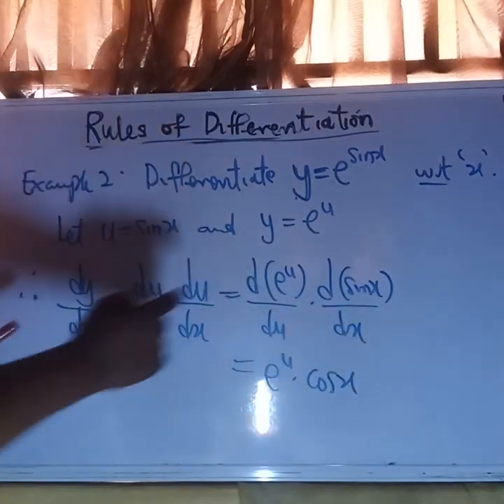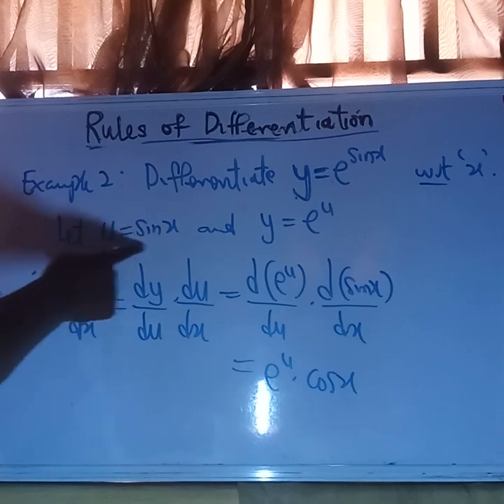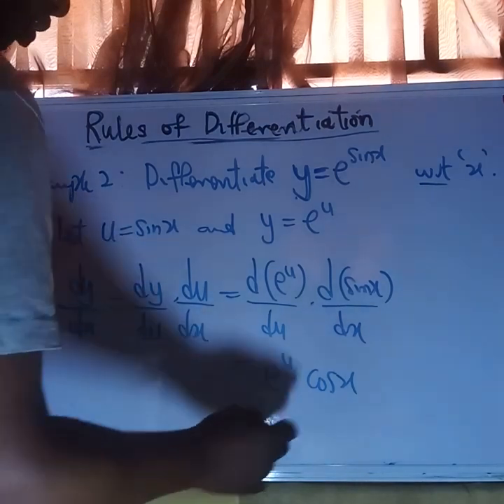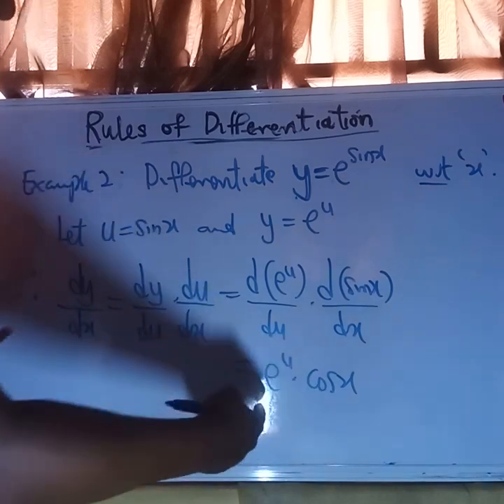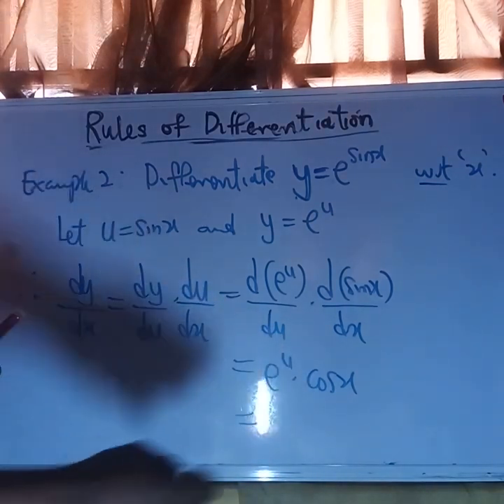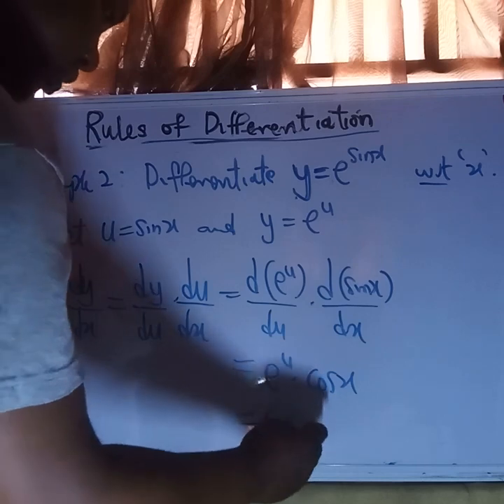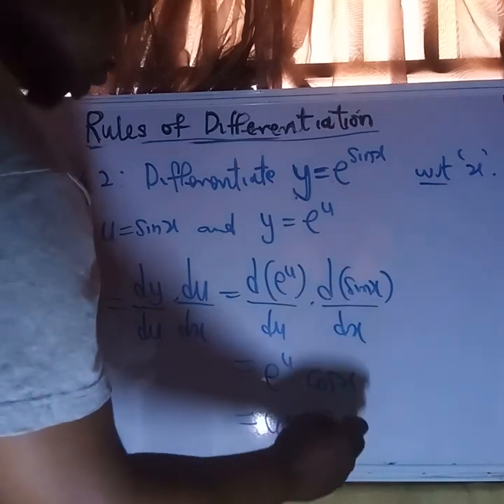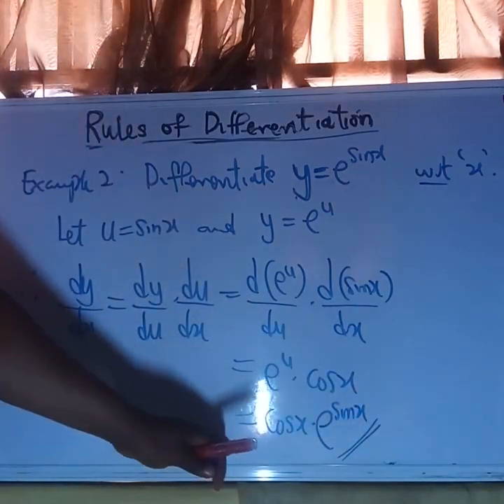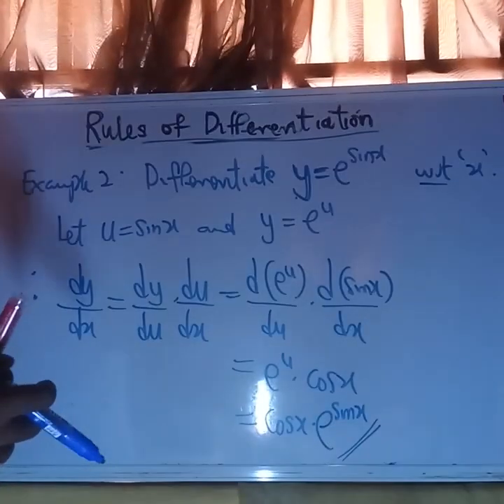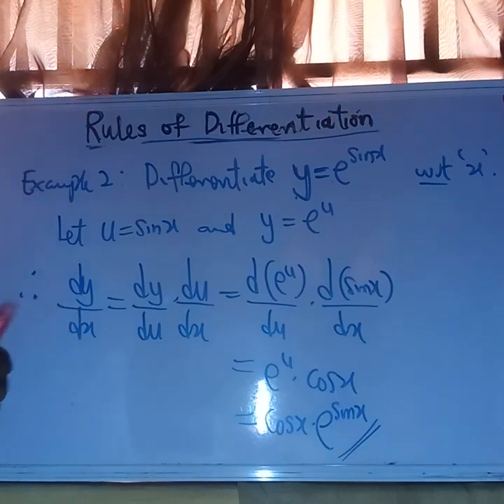Again, we replace u, and we bring cos x forward since multiplication is commutative. So this will be cos x exponential sine x. So here is the slope of the function y equal to exponential sine x.